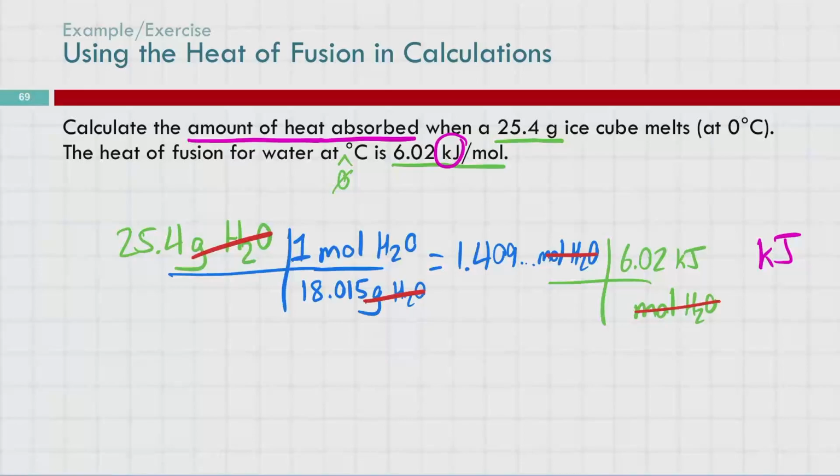So moles H2O cancel. We're multiplying by 6.02 from our previous answer. We get out 8.49 after we round, kilojoules. So that's the energy that you would have to put in to melt 25.4 grams of ice.